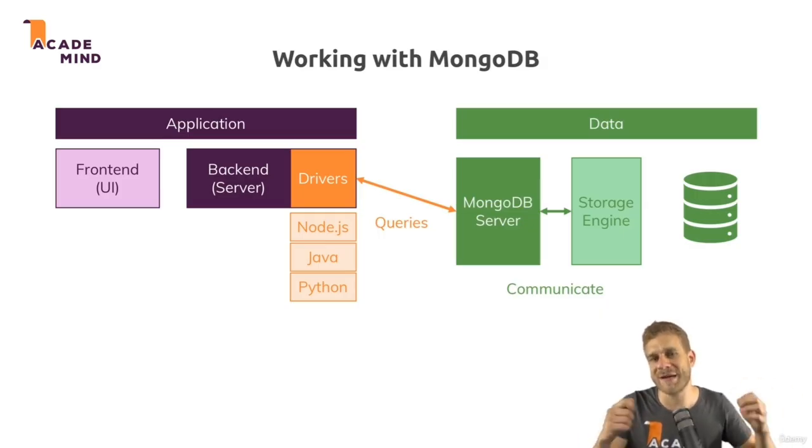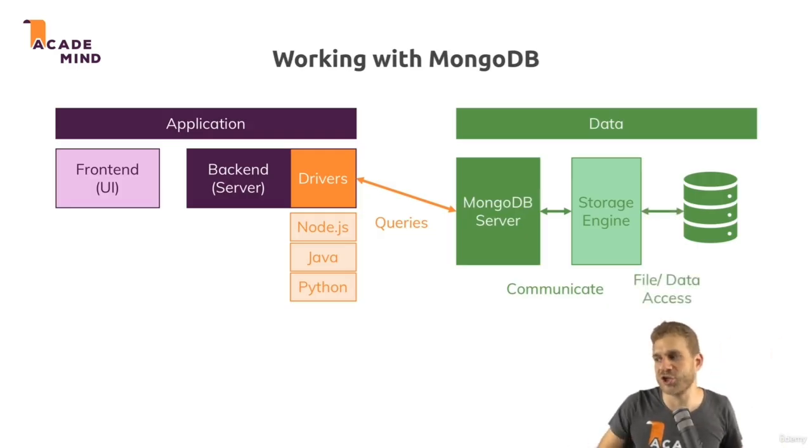So the MongoDB server basically gets the query from your driver or from your shell and then just knows I want to insert something and basically forwards that information after doing some other things to the storage engine. And the storage engine then stores it in files in the end.